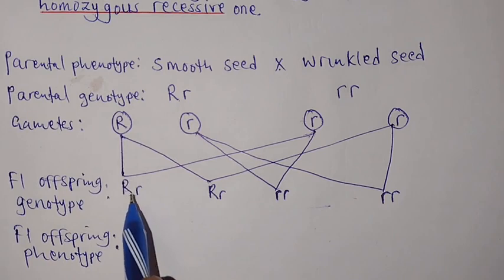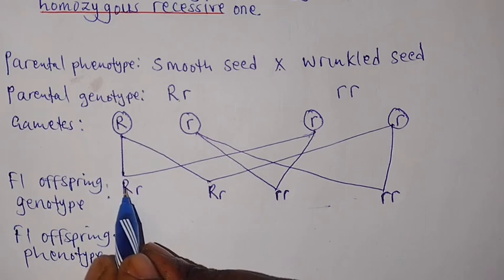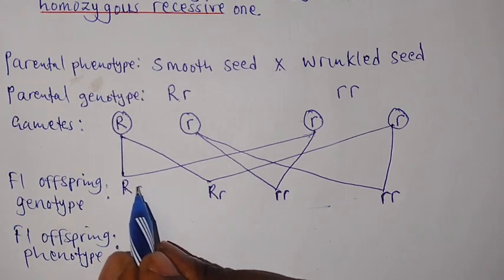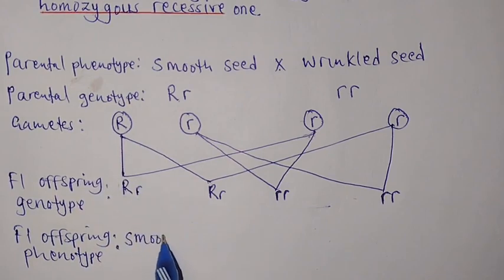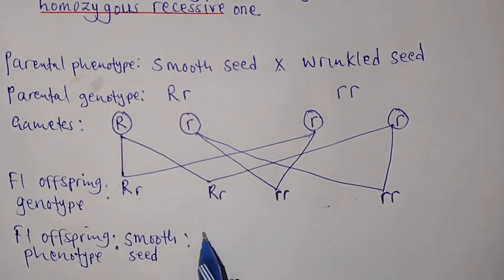This one is dominant, this one is recessive, so the dominant one has more power over the recessive one, overshadowing it. So this is smooth seed. The same thing for this one. Again, this is a smooth seed.